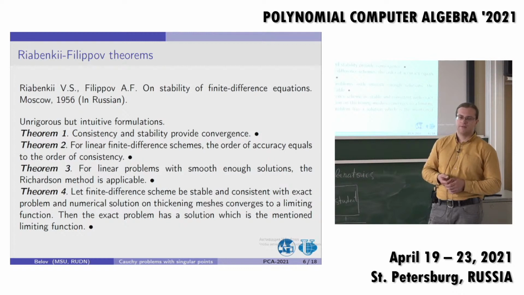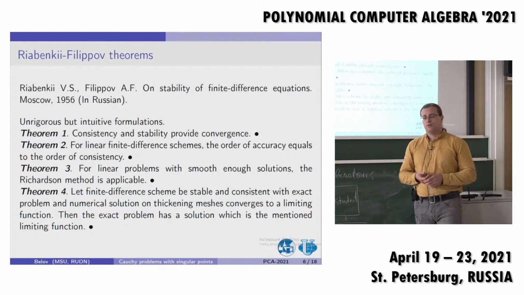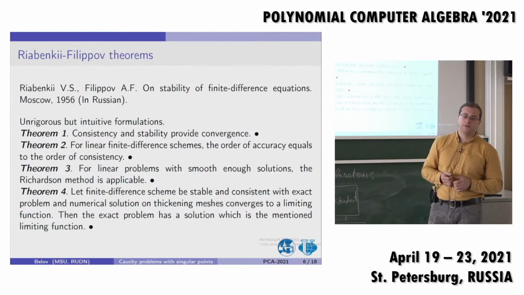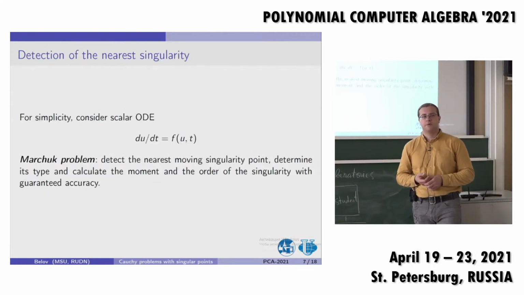The theorem states that the initial exact problem has an exact solution, and this exact solution coincides with this limiting function. Apparently, this set of theorems is the only approach that allows to construct methods which provide simultaneously a posteriori and asymptotically precise error estimates. Now, let us finally turn to the proposed methods of detection of singularities.